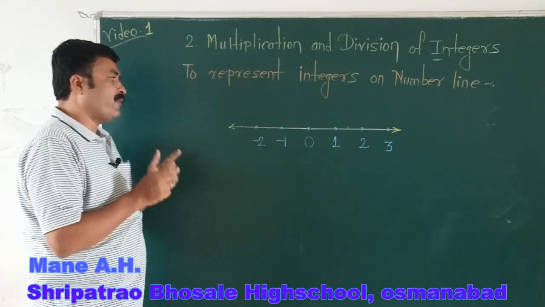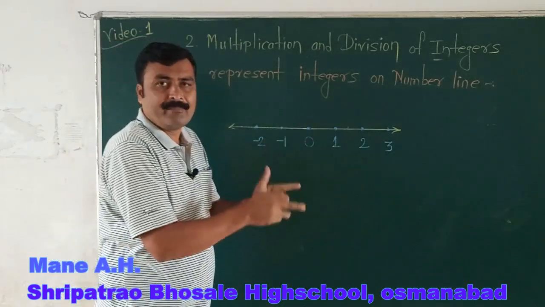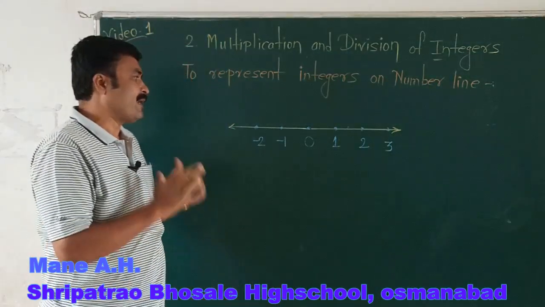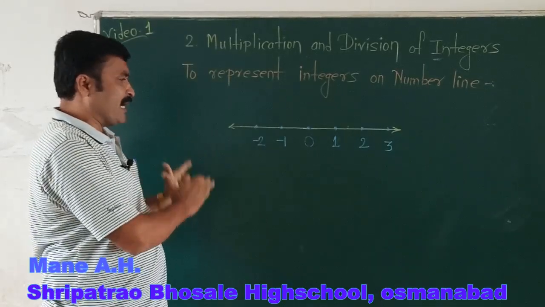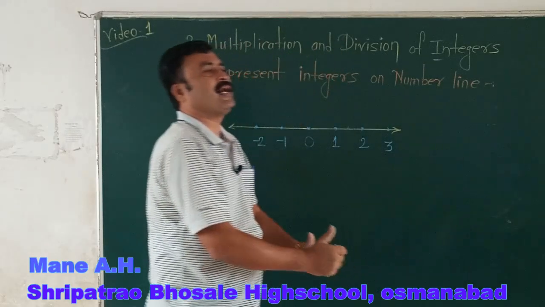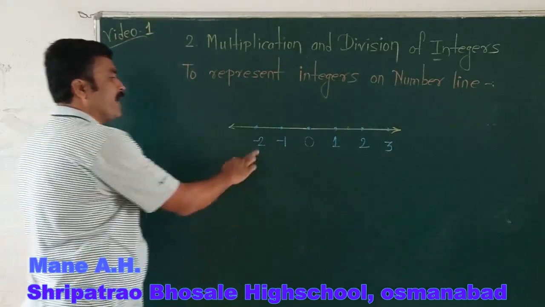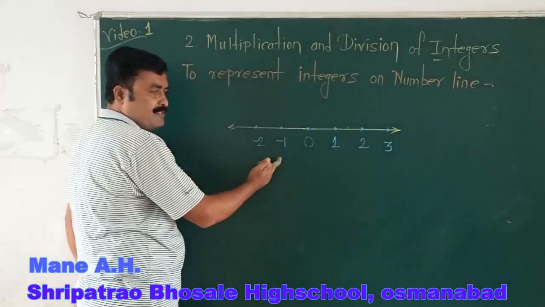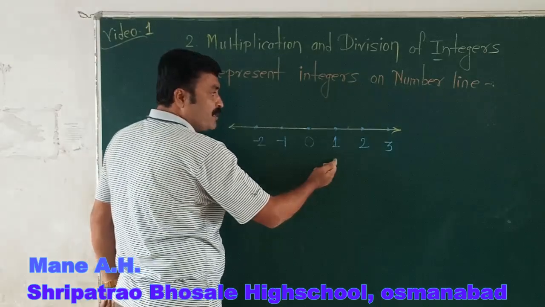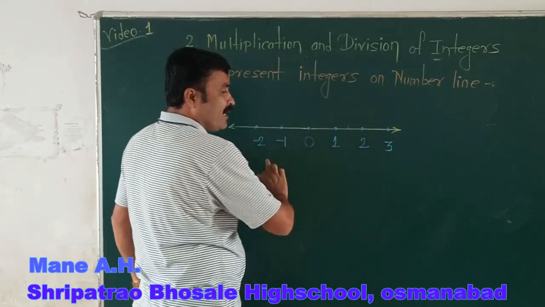First statement: when we go from left to right on the number line, the number becomes greater. संख्या रेषेवर डावीकडून जसजसं आपण उजवीकडे जातो प्रत्येक संख्या मोठी होत जाते. याचा अर्थ -2 पेक्षा -1 मोठे असतील, -1 पेक्षा 0 मोठे असतील, 0 पेक्षा 1 मोठे असतील, 1 पेक्षा 2 मोठे असतील, 2 पेक्षा 3 मोठे असतील. हे नॉमिनल एक्झाम्पल झाले.